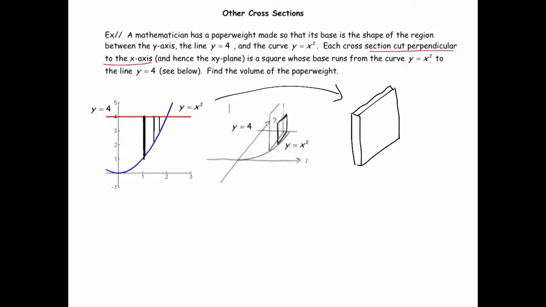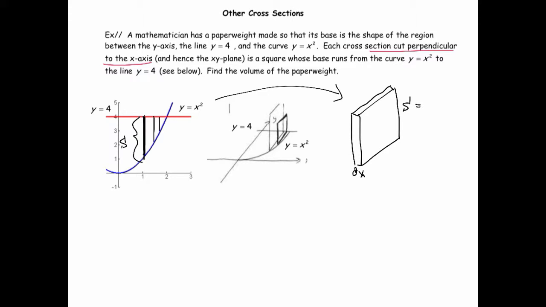So I'm going to call the thickness here dx, because we made a vertical rectangle. Now I have to talk about the sides of this square. I'll write the side as s. This side is determined by the height of the rectangle we just drew.